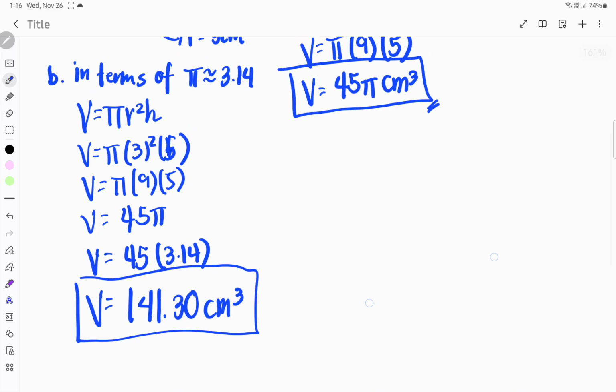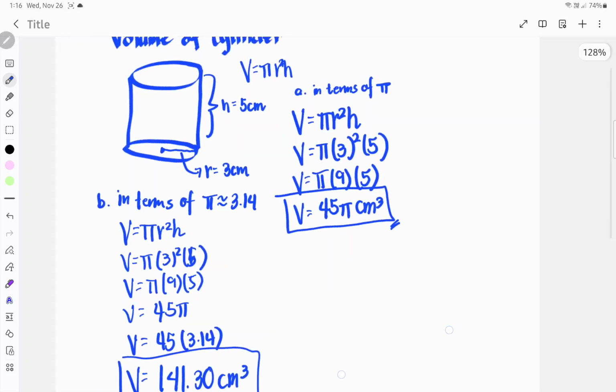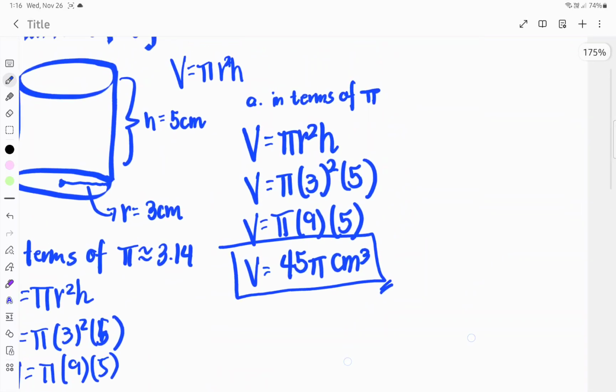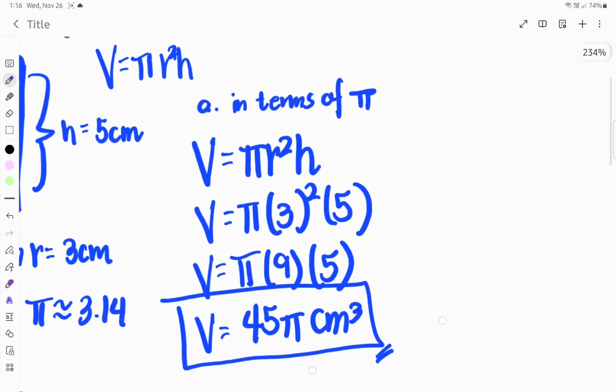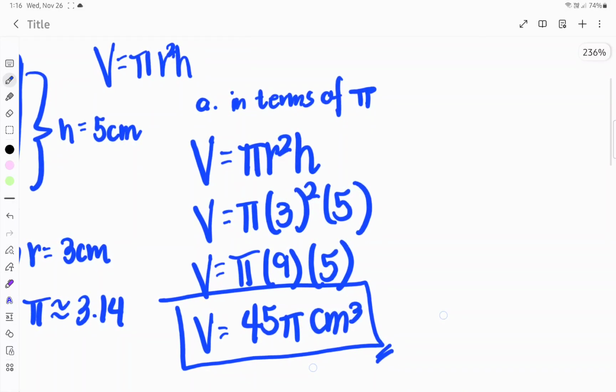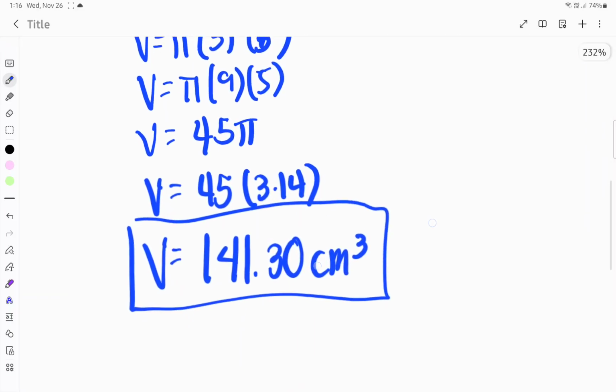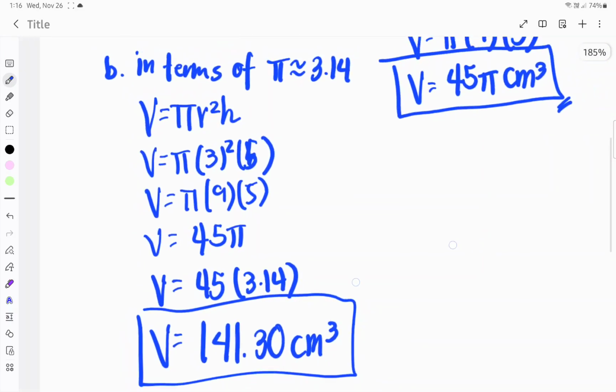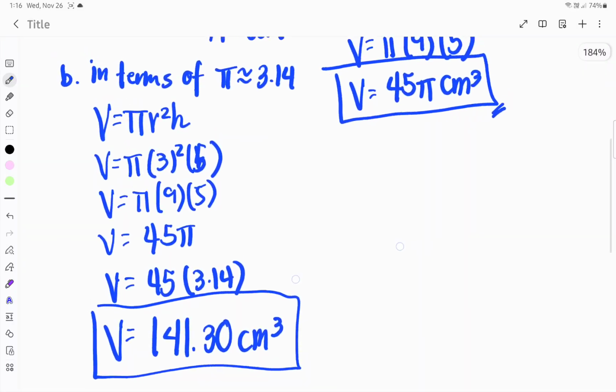So there are two ways on how to solve it. It depends upon the instruction on how to use. First, in terms of pi, where the pi is just going to be adjacent to the numerical coefficient. And then, having an assumption that the value of pi is 3.14 or any approximate that would be used.